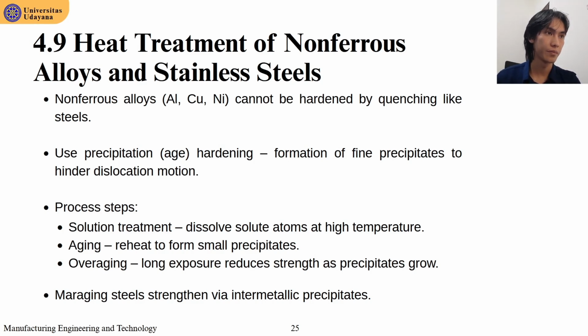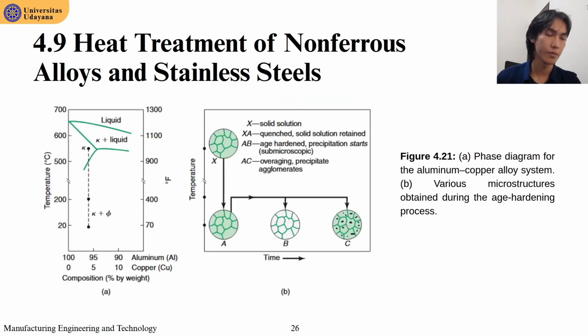Next, Al-Cu system and aging. The Al-Cu phase diagram and microstructure show precipitation stages. Strength peaks at an optimal aging time and temperature. So you can see on Figure 4.21.